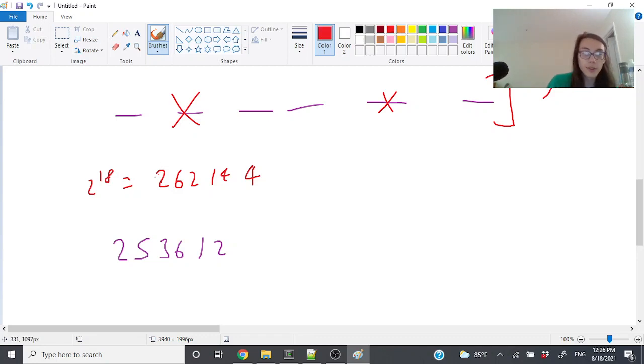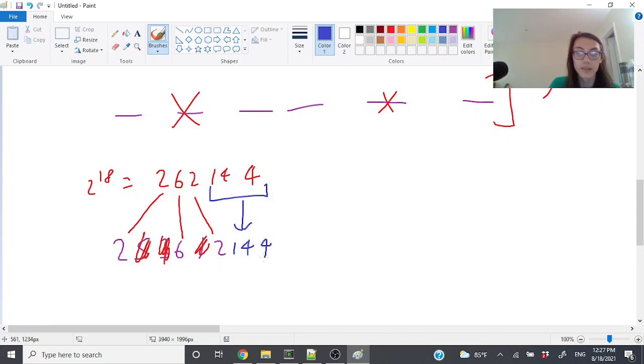So now 2 matches with 2, so we can keep the 2. 6 does not match with 5, so there's nothing we can do with the 5. We have to get rid of it. 6 does not match with 3, we get rid of the 3. 6 does match with 6, so we can match those digits together and not get rid of the 6. 2 doesn't match with 1, so we get rid of it. 2 does match with 2. So now we're left with 262, and then the rest of the characters we just have to stick on to the end.